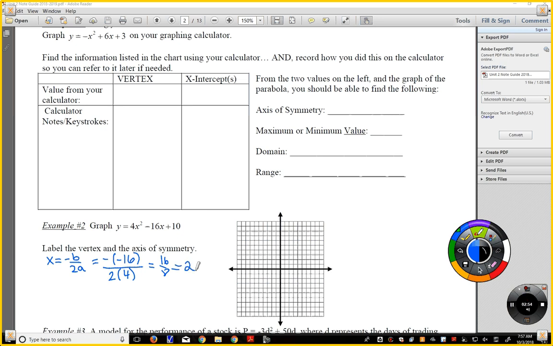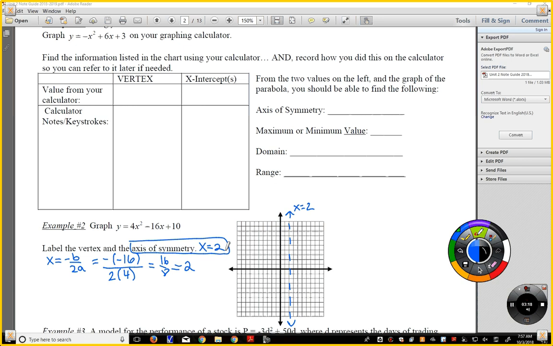So this tells me everything in this parabola graphically is centered around this axis of symmetry at 2. So if it helps you, you can mark that on the graph. So this is the axis of symmetry, x is equal to 2.